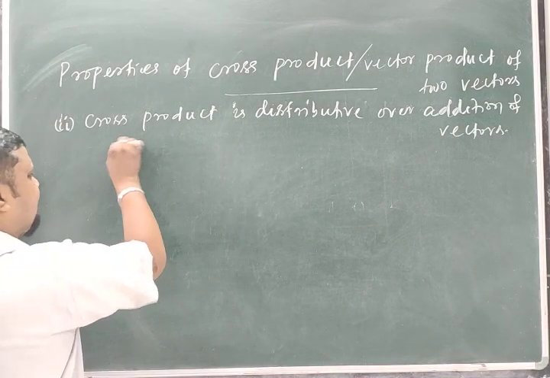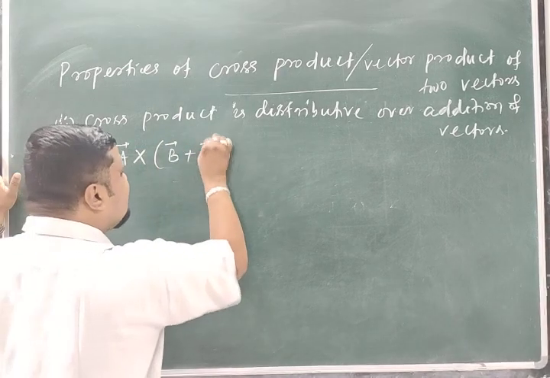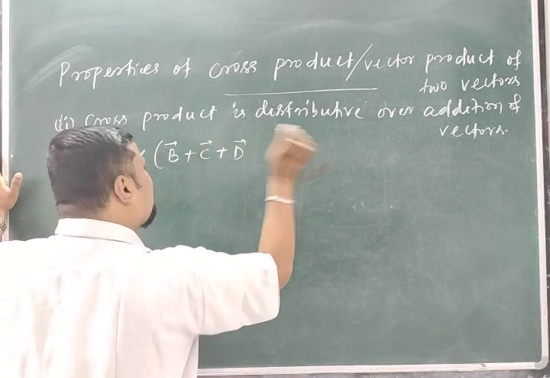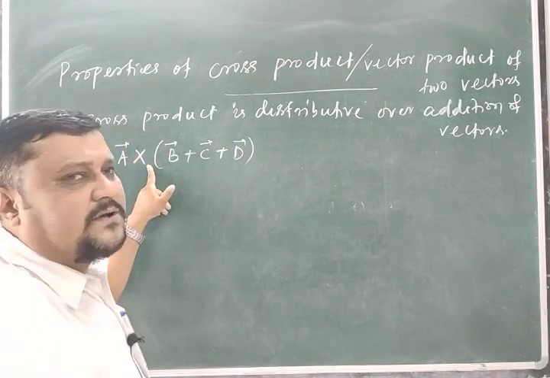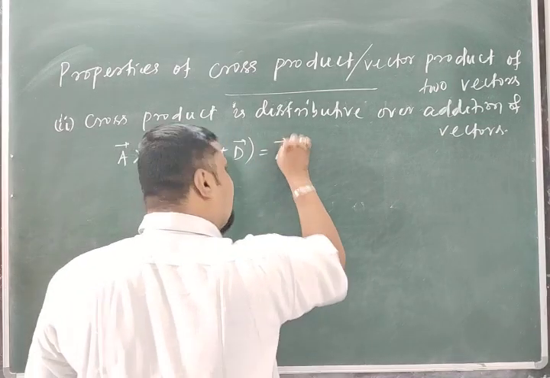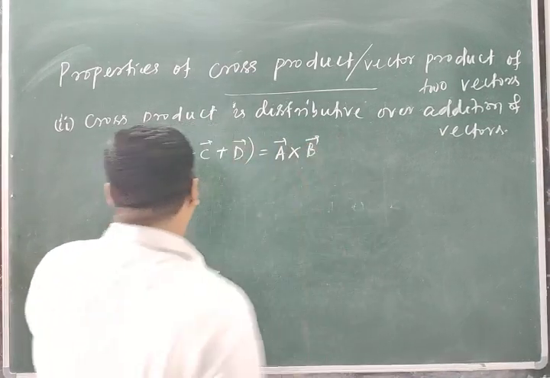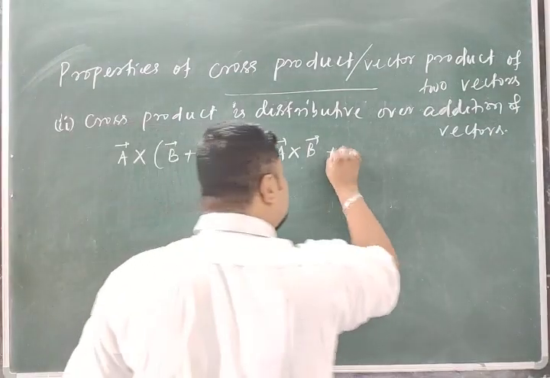Let us take vector A crossed with the sum of vectors B, C, D, and so on. Let me consider three vectors. A is crossed with the sum, so it is distributed to each one: A cross B, A cross C, A cross D. But remember, don't write B cross A, that is very important.